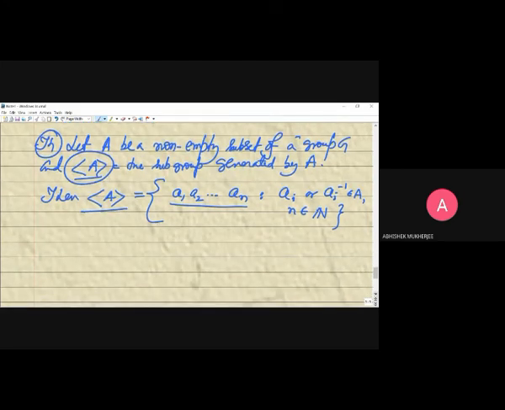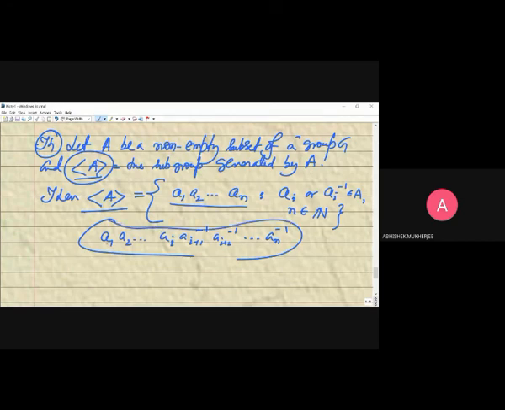That means the elements will be of this type: a1, a2, suppose it is ai, and after that a(i+1) inverse, ..., an inverse. This is just a particular case; I'm not giving you the whole story, I'm just taking one example of elements. Suppose a1, a2, ai, a(i+1) inverse, a(i+2), a(i+3) inverse, ..., an inverse.